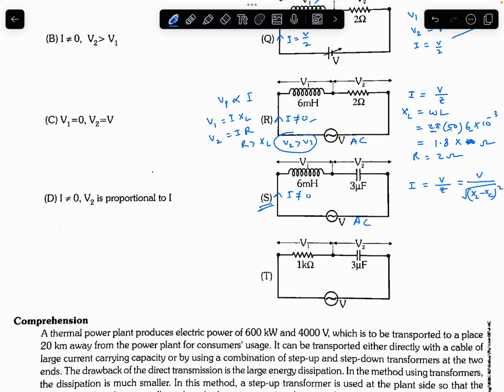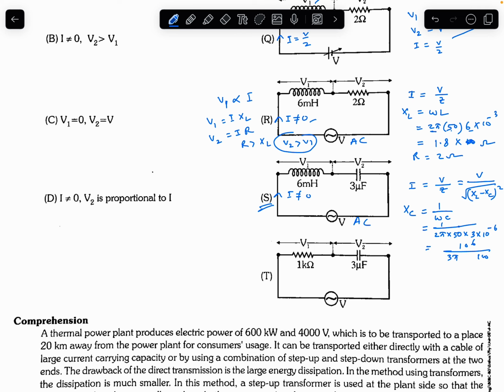First of all, let us try to calculate XC. XC is 1 by omega C. So 1 by 2 pi, frequency was 50, C is 3 into 10 to the power minus 6. If you solve this, you get 10 to the power 6 above 50 into 200 into 3, 100 you take 100 and 3 pi. Okay, 3 pi, correct.